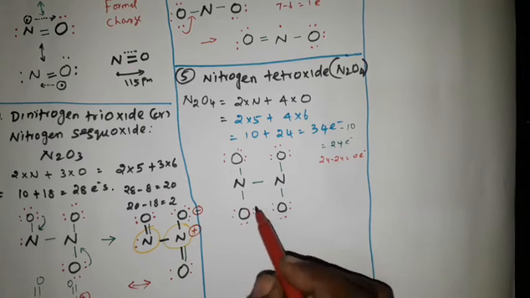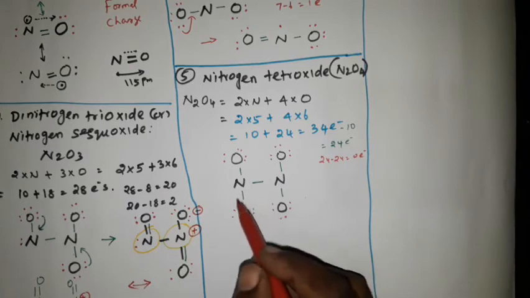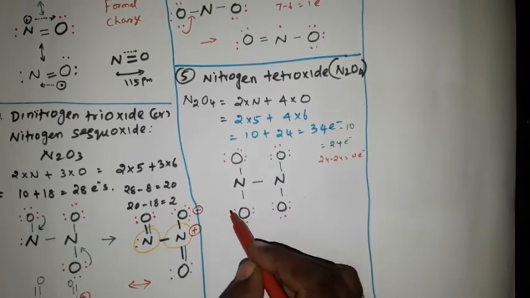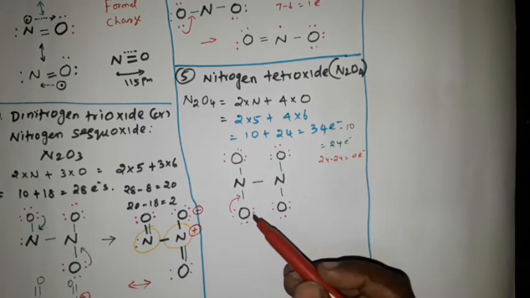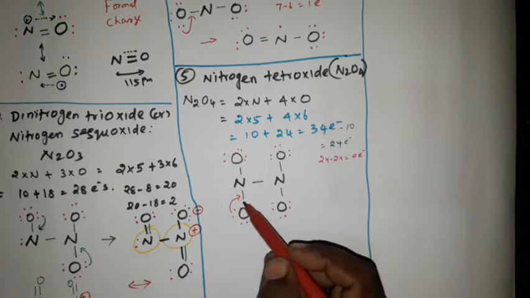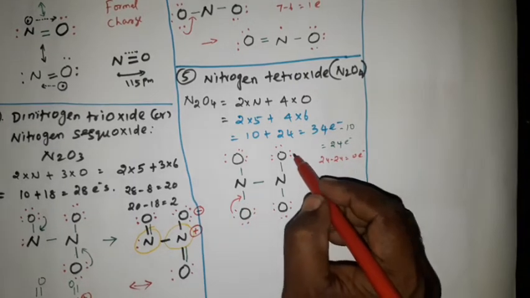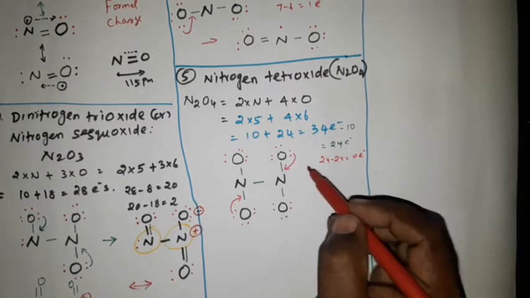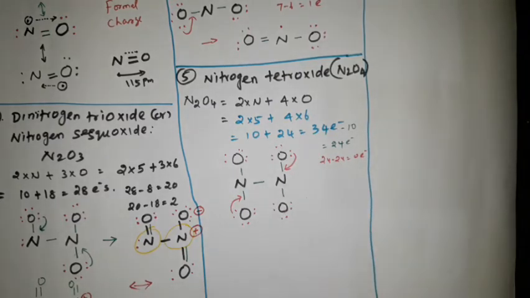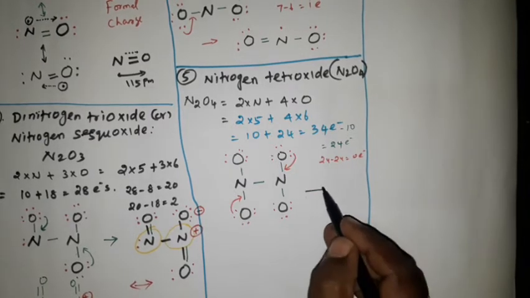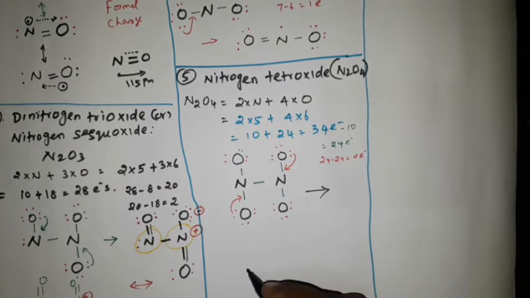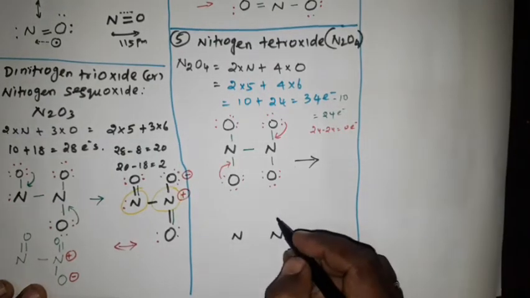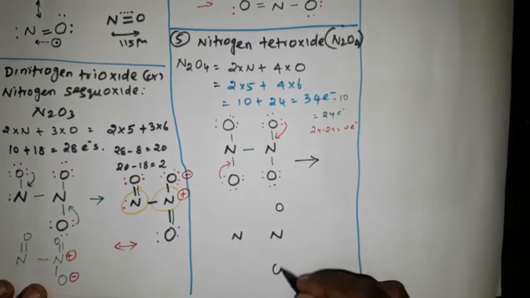Nitrogen atom, how can it get the octet for this nitrogen? This lone pair electrons can be shifted to bond pair. Here also lone pair can be converted to bond pair. Then what will be the final structure? See here, 2 nitrogen atoms, then oxygen atoms.